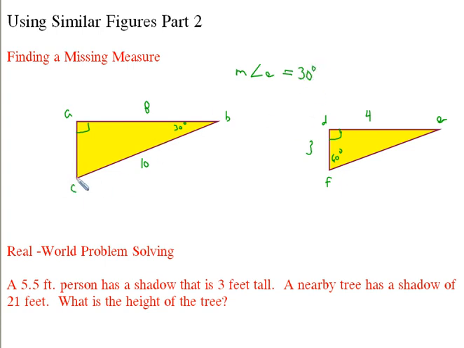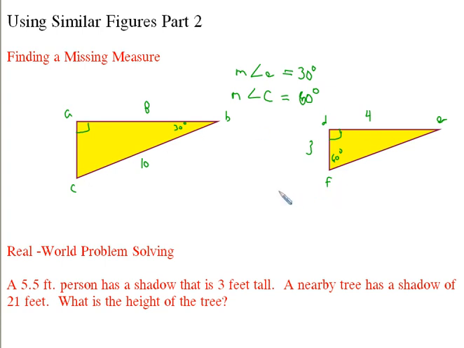And back over here, we don't know what this angle is, but we know that angle F is 60 degrees, so the measure of angle C is equal to 60 degrees. And look, pretty easy to figure out. So now we've got our angles down.